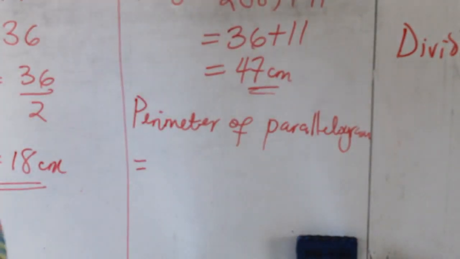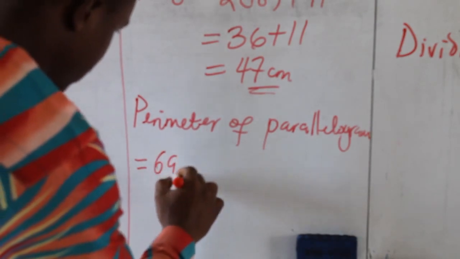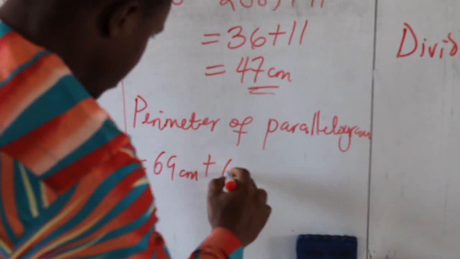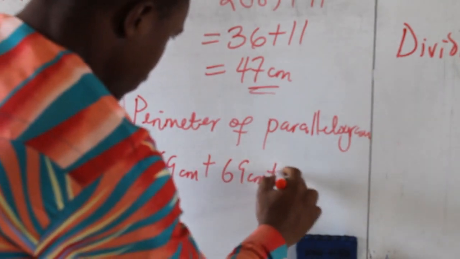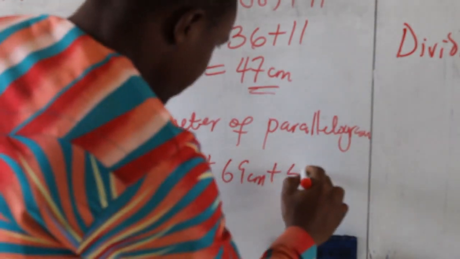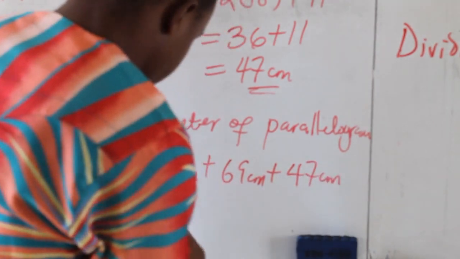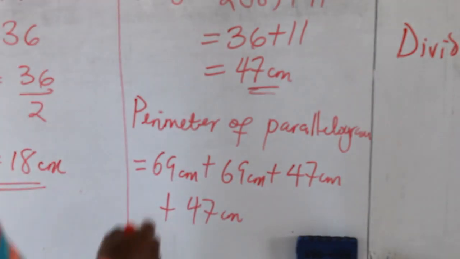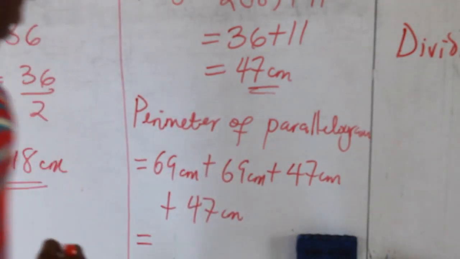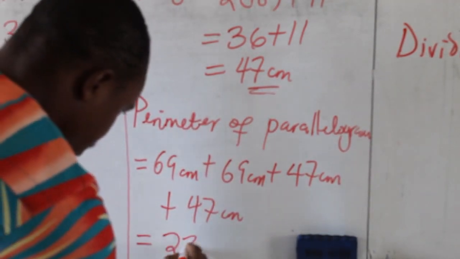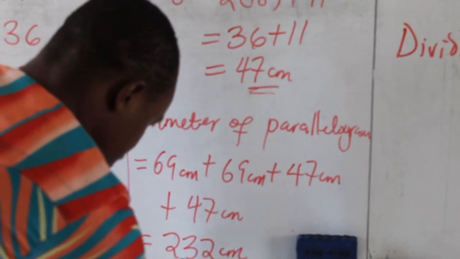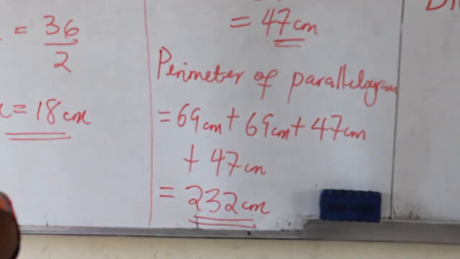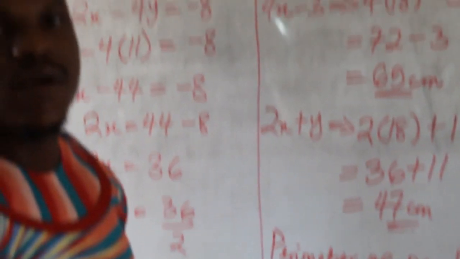That will be here, which is 69 centimeters, added to here, which is 69 centimeters, 47 centimeters, and finally 47 centimeters. If you add the four of them, it gives you 232 centimeters. That is the value of the perimeter of the parallelogram.